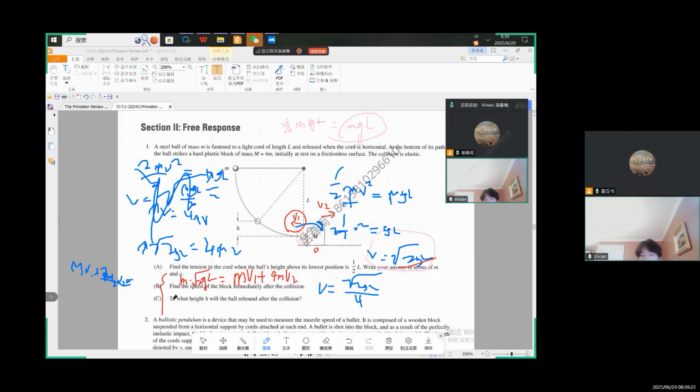And the second one is your mgl, right? And this total energy before equals the energy after: 1/2 m v1 squared plus 1/2 m4 m v2 squared.